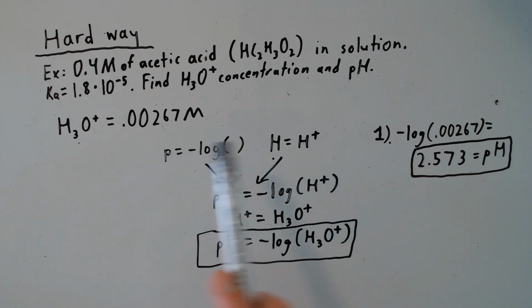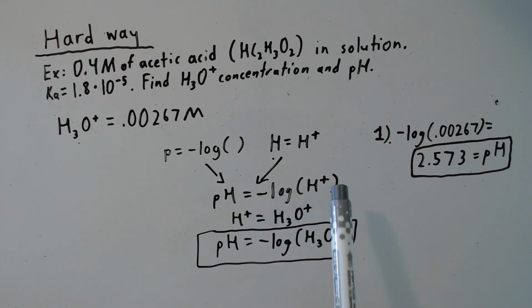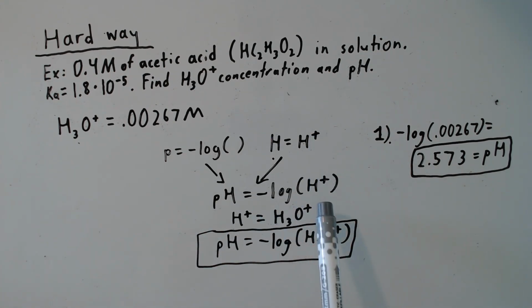When you combine the P and the H, you get pH, and that will be the negative log of the H+ concentration. We also know that the H+ concentration from the acid equals the H3O+ concentration in this solution, because all of the H+'s combine with water to form H3O+. Therefore, the pH of the solution equals negative log of the concentration of H3O+.